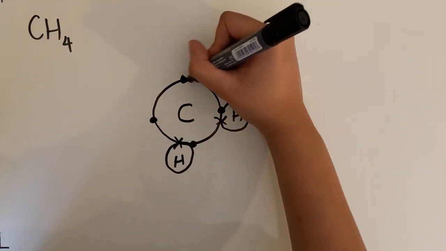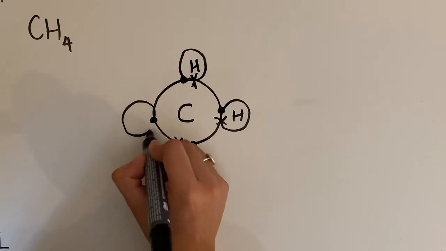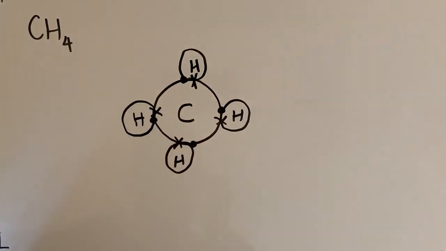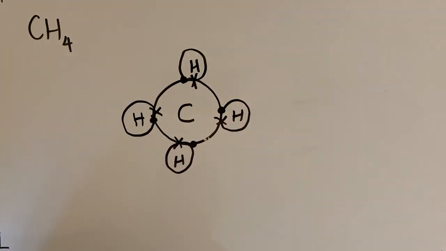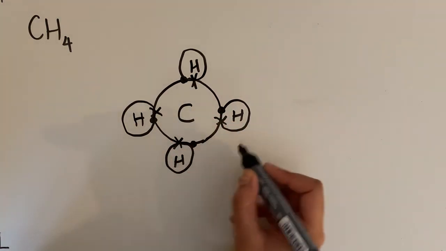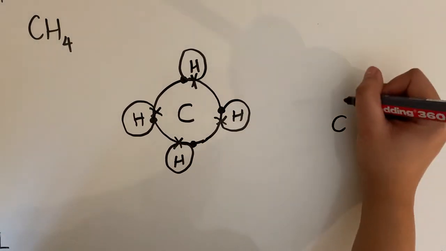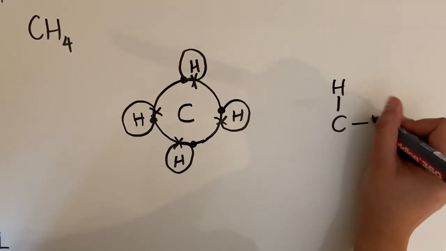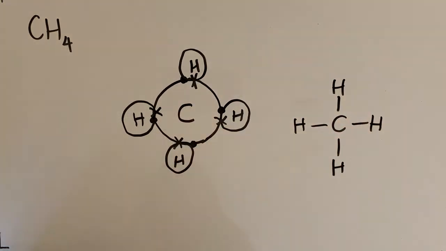And this is how it gets a full outer shell. So carbon now has 1, 2, 3, 4, 5, 6, 7, 8 outer electrons, and therefore it's happy. Each hydrogen now has 2. So the displayed formula for methane is simply this. That carbon there doesn't have any lone pair of electrons.